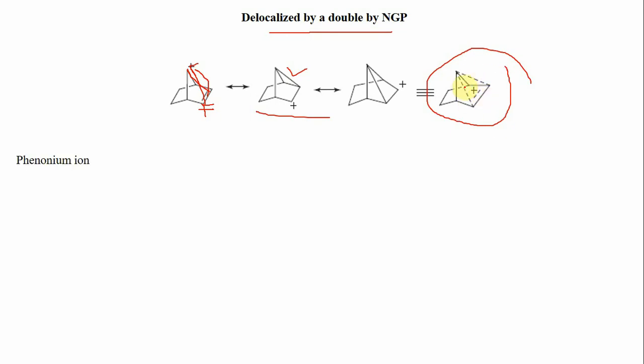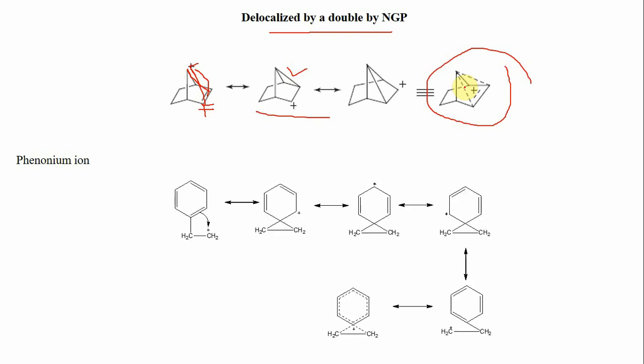center bond. Okay, the other example of these kinds of non-classical carbocations is a phenonium. Now this is a phenonium. In this case, you can see this double bond of this phenyl group is not in conjugation with this positive charge, yet it can transfer to this carbon, which results in a bond formation between this carbon and this carbon, and then this positive charge is delocalized in the ring.